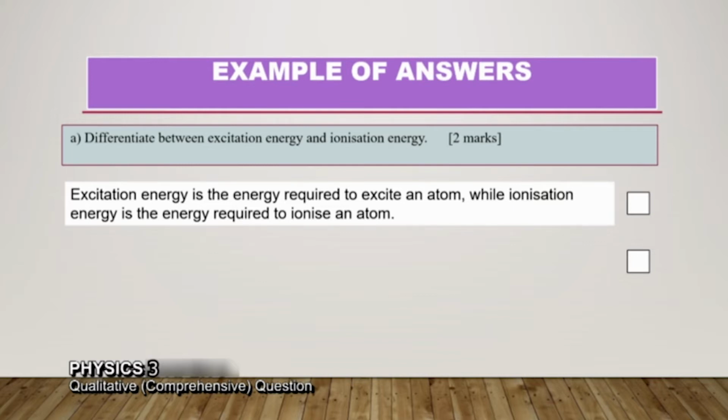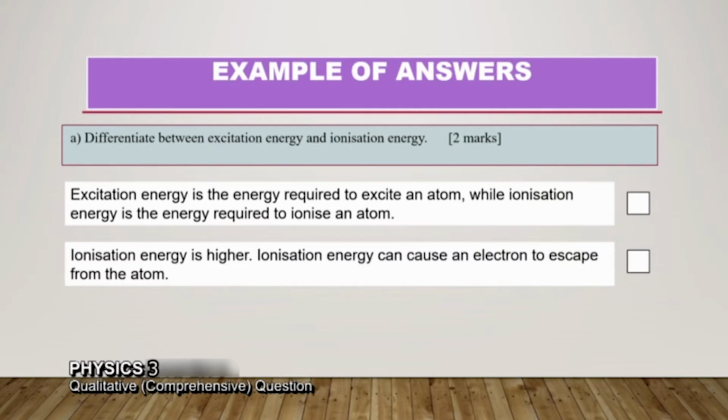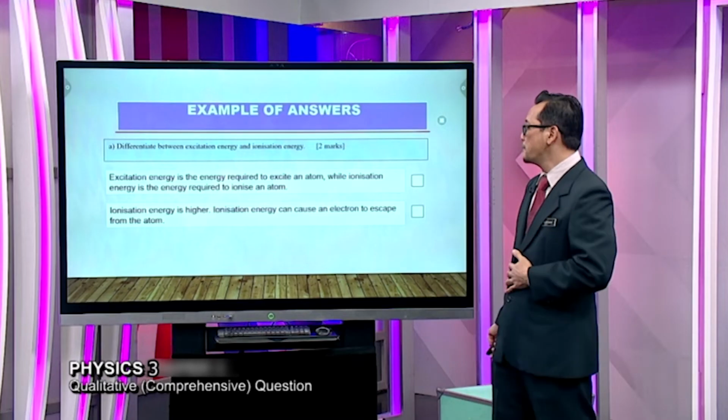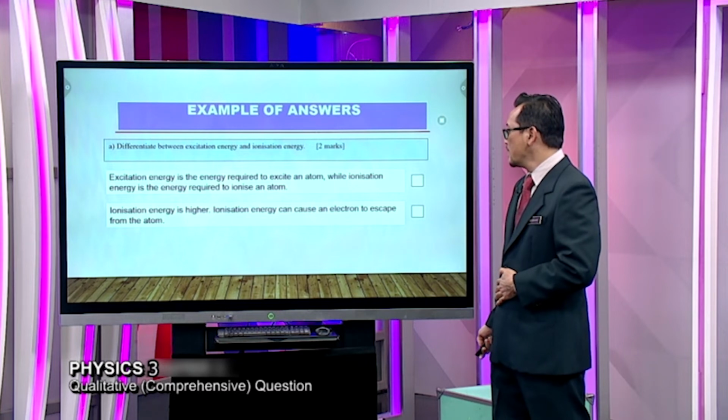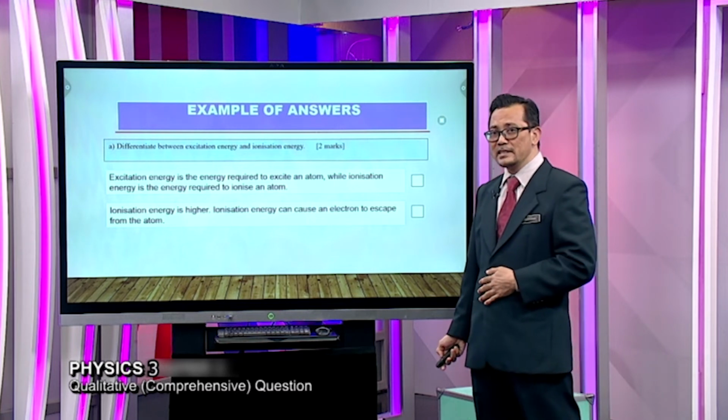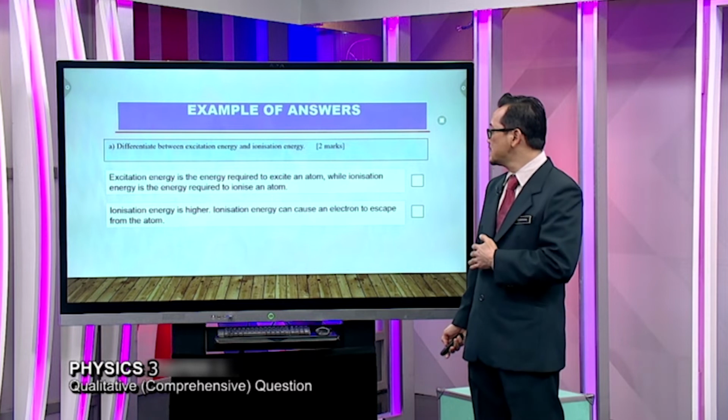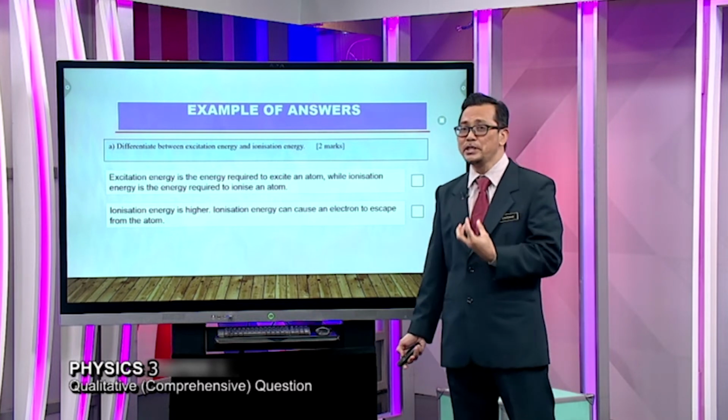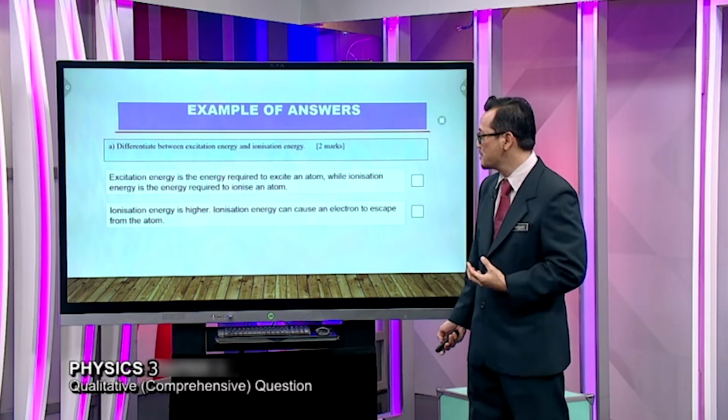Let's look at another example of an answer that a candidate may give: ionization energy is higher. Ionization energy can cause an electron to escape from the atom. Now look carefully. In the first answer, this candidate just repeats the terms used in the question.